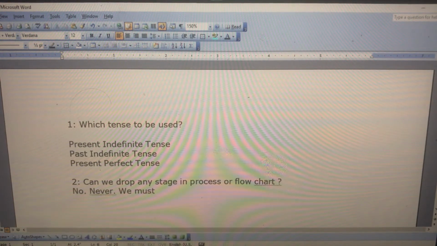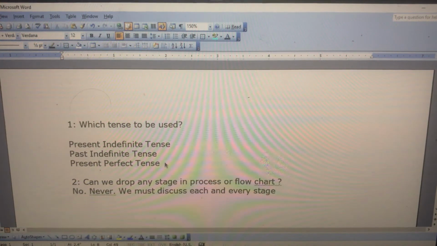We must discuss each and every stage, because if you drop a single stage, that stage is playing a very important role. If one stage is dropped, how can you even prepare the tea? Because for the production of that tea, you must have proper stages.